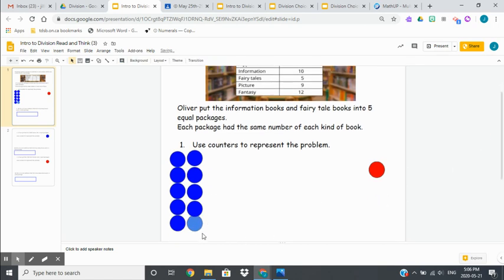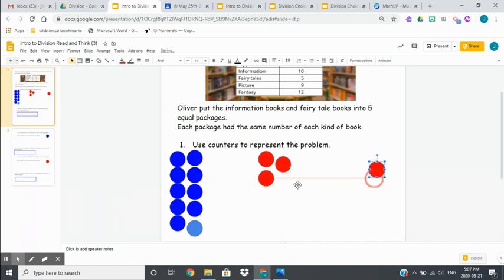The next thing I have to do is use these red counters. Oh, why is that one stuck? Okay. I have to use these red counters to represent the fairy tale books, which there are 5 of them. So here I go. 1, 2, 3, 4, and 5.